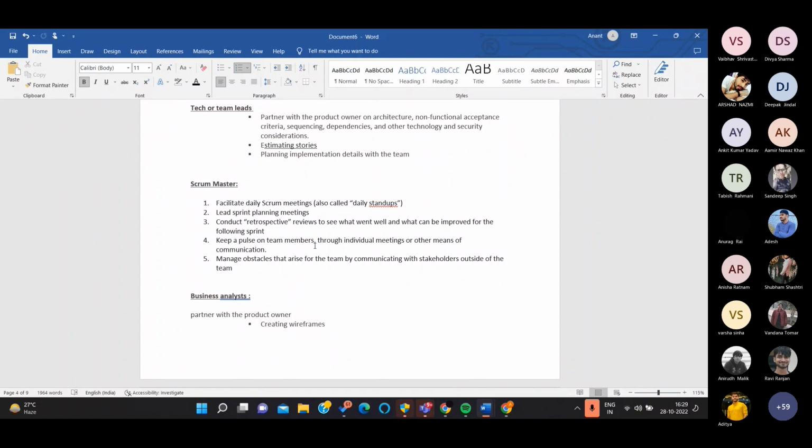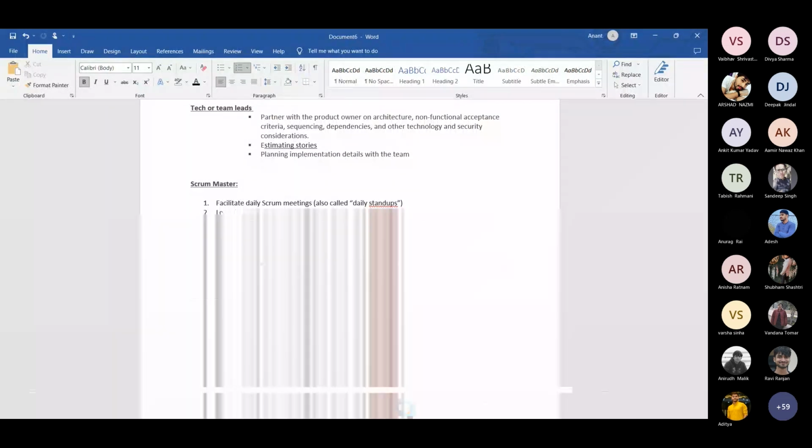The one thing that is really a role of a Scrum Master and holds a really good purpose is the management of the obstacles and the communication. So during the entire process, what usually happens is, if a product is in the development phase, there are times when development is going on for a few days, and we don't have an idea what exactly the obstacles are, or if someone is really stuck on something.